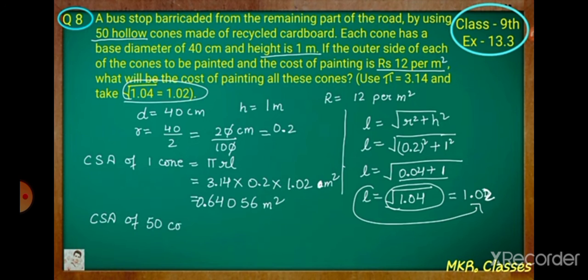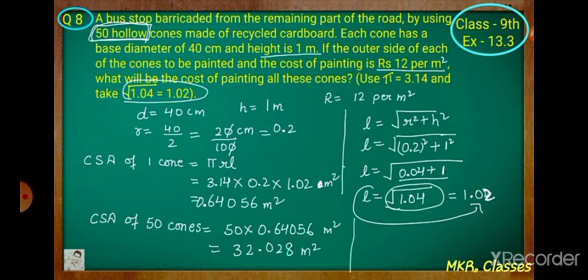There are 50 such hollow cones, so for getting the area of 50 cones we'll multiply by 50. So 50 into 0.64056 gives us 32.028 meter square. This is the CSA of 50 cones.